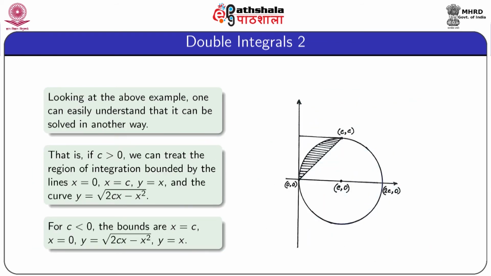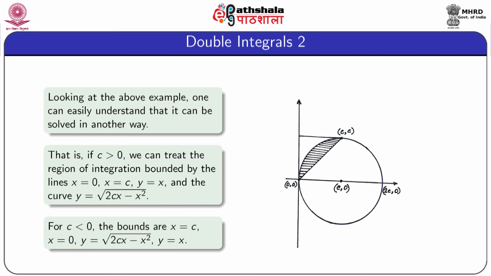Looking at the above example, one can easily understand that it can be solved another way. That is, if c is greater than 0, we can treat the region of integration as bounded by the lines x equal to 0, x equal to c, y equal to x, and the curve y equal to the root of 2cx minus x squared.